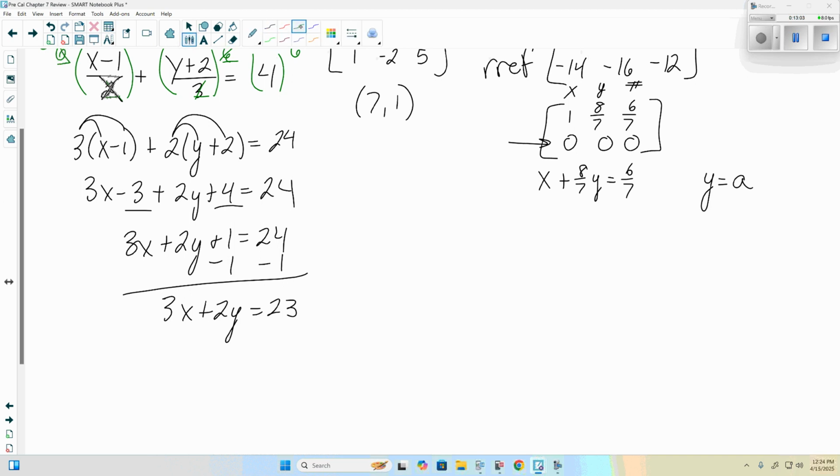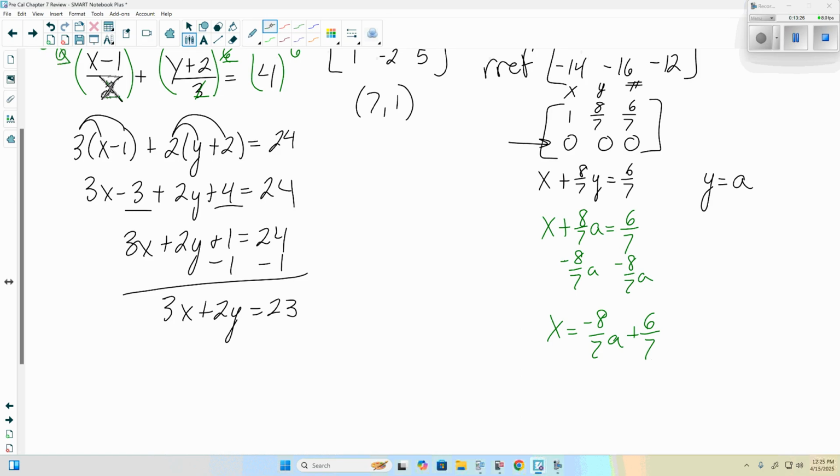And why we can use this is it also tells us that here at x plus 8/7 a is equal to 6/7. We solve this back for x, telling us that x is equal to negative 8/7 a plus 6/7.